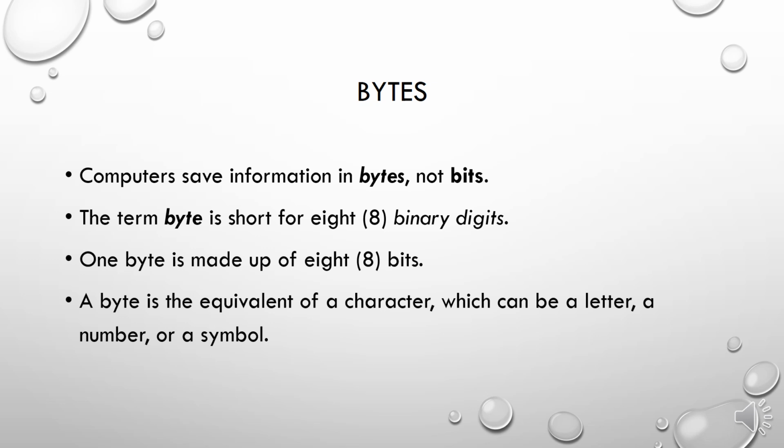So you now have 24 bits. 8 plus 8, 16, plus another 8, you have 24 bits. If you have 3 characters or 3 letters, you have 24 bits. So a byte is equivalent to a character, which can be a letter, number, or any symbol. But you should remember that 1 byte is equivalent to 8 bits.